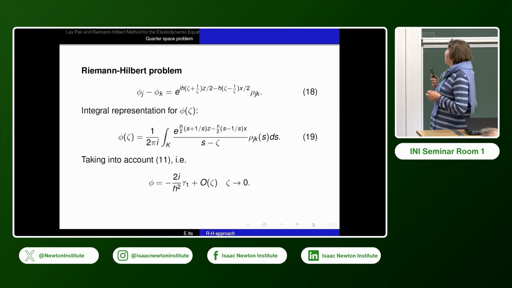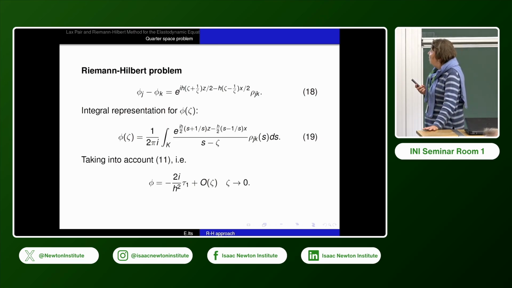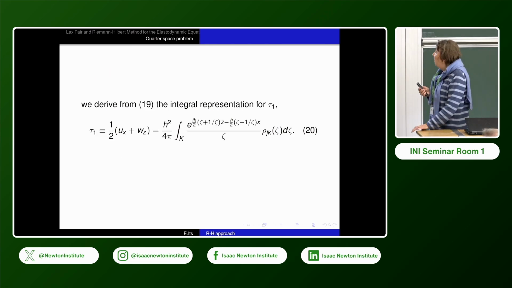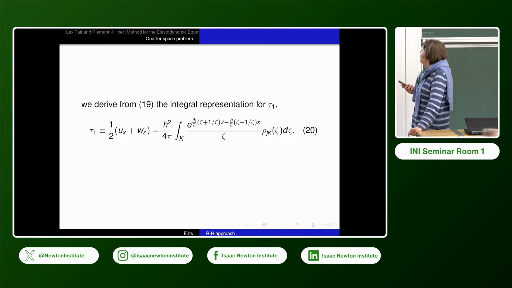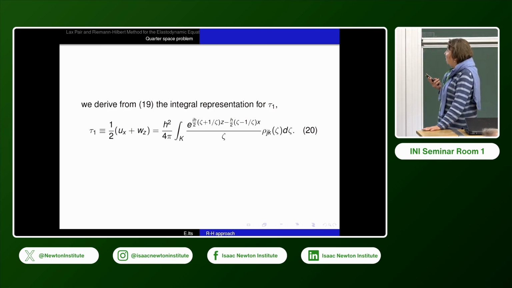If we manage to do it, then the solution of the auxiliary system can be written via the Cauchy integral on a certain oriented contour, and taking into account the second asymptotic condition, we finally could write the Lamé potential, say tau1, in terms of the jump functions.